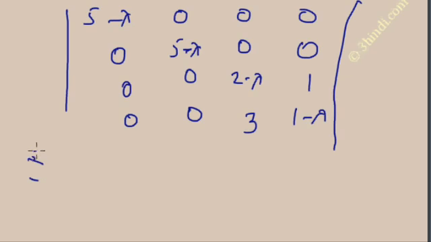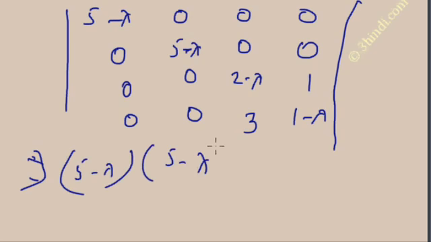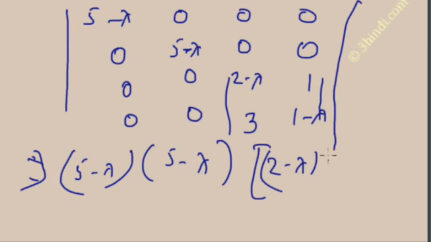This means 5 minus lambda into 5 minus lambda into, because all the other elements are 0, the determinant of this 2 minus 1 and this, so it is equal to 2 minus lambda into 1 minus lambda minus 3, equal to 0.